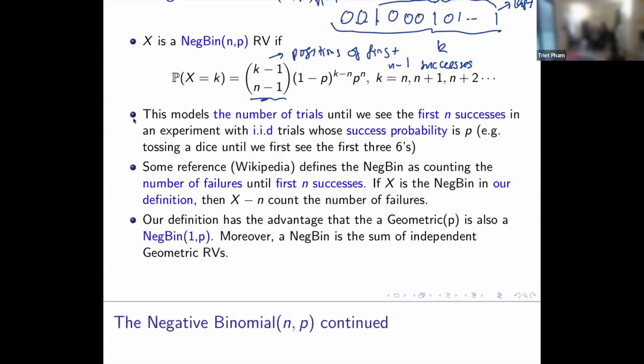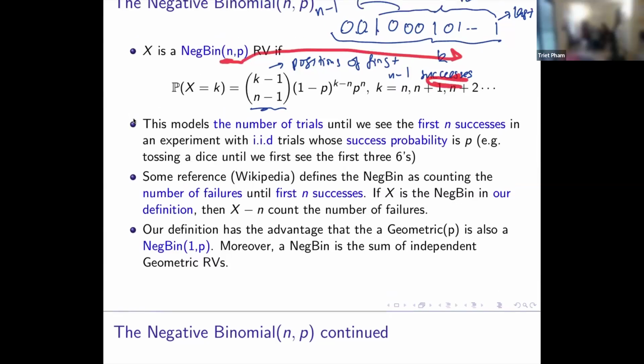Should resign. Well, the point is, whatever ChatGPT is giving you may not be the only way to describe the negative binomial. And so you have to be careful to explain what you're counting and what you mean by n, for example. So n here represents the number of successes we're tracking. But there are other ways, such as tracking the number of failures.